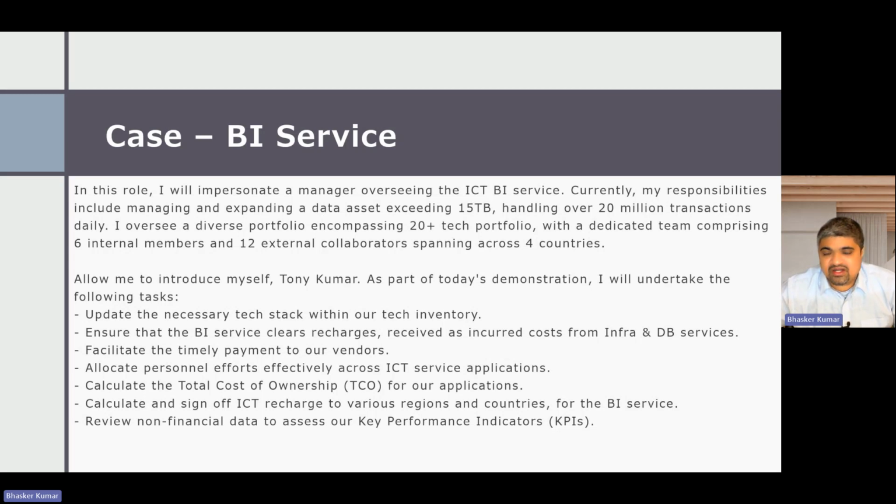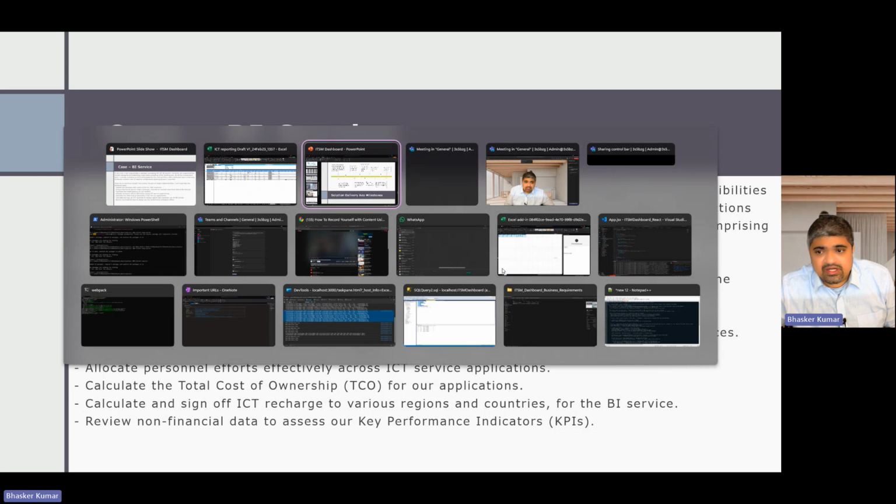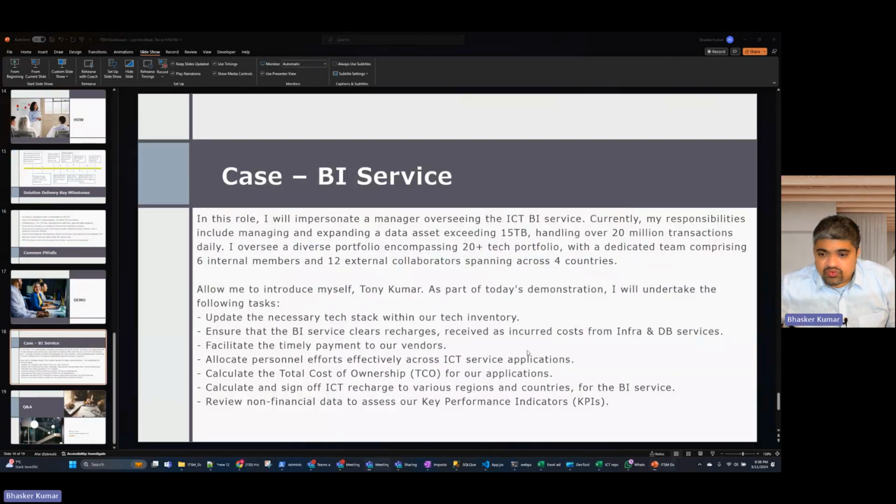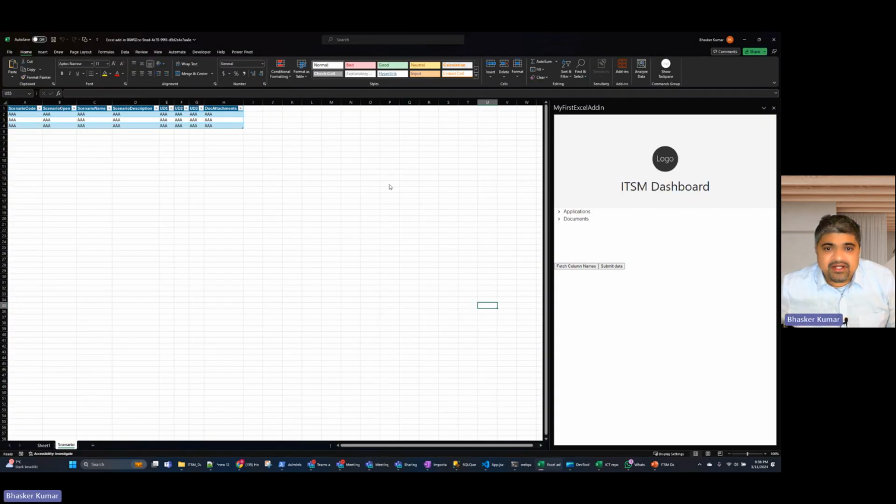For now, I think that is what I wanted to show. One thing I wanted to mention is my next exercise that I am doing currently. I am trying to build an add-in.